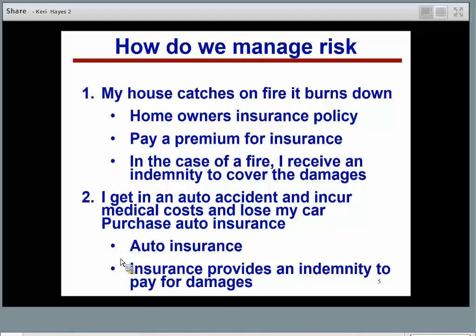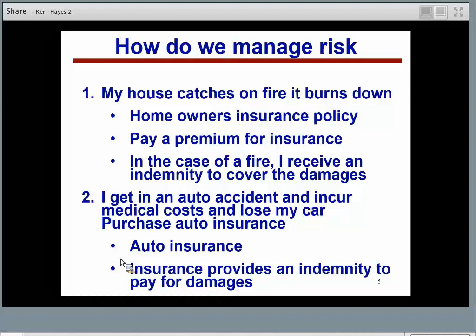We buy for a house, we'll buy homeowners insurance, right? And a lot of banks, if you're going to take out a loan, they're going to require that you have some kind of homeowners insurance policy. And the way that this basically works is, as many of you know, you pay a premium every month that pays in case something happens. And if something does happen, so in the case of a fire, for example, you get an indemnity to cover your damages, right?